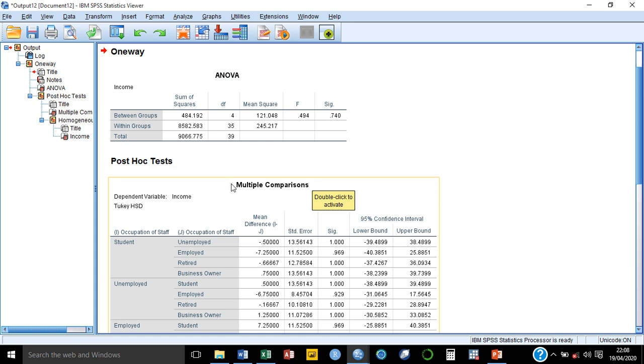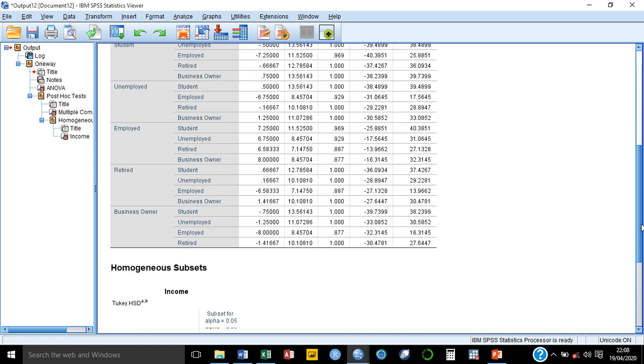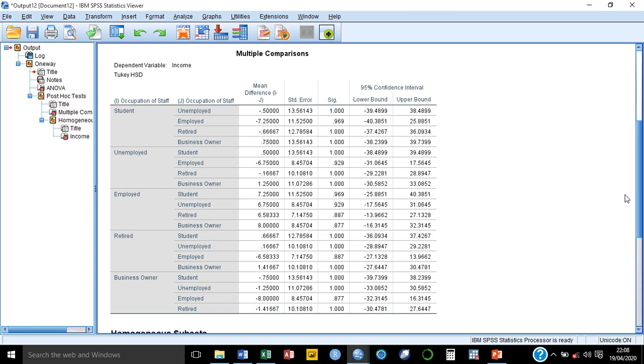Now this is a Tukey HSD test. It buttresses the results gotten here. We've identified that the incomes these occupations have are really not different. Here the Tukey test brings them out.